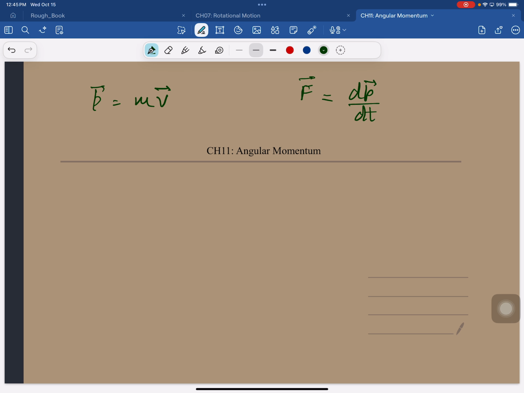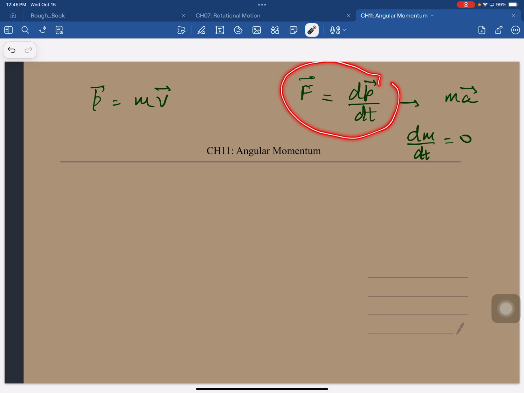Force was equal to the time rate of change of momentum. When did this reduce to mass times acceleration? Yeah, when dm by dt was 0. So you couldn't apply this to the case of a rocket. This is what you would use.